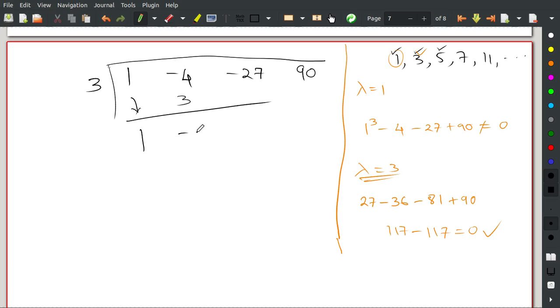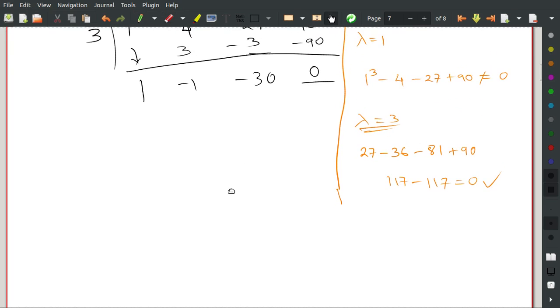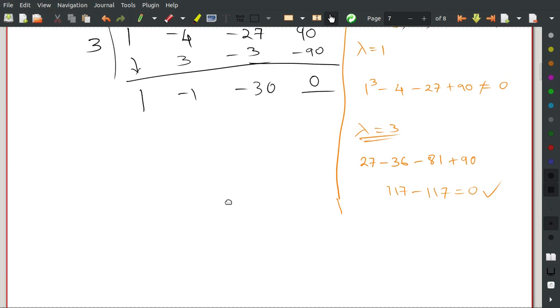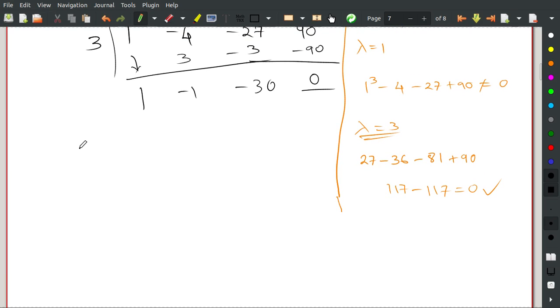We have minus 1, so minus 1 into 3 is minus 3, and minus 27 is minus 30, and if we multiply by 3, we have minus 90. So it perfectly ends with a 0 remainder. So one of our eigenvalues is lambda equals 3.